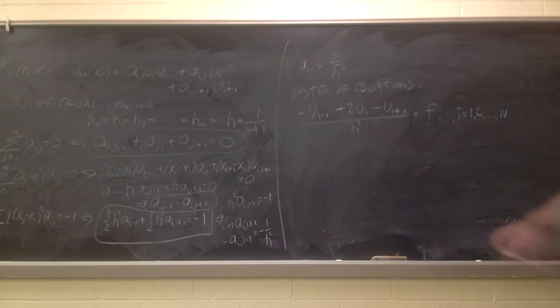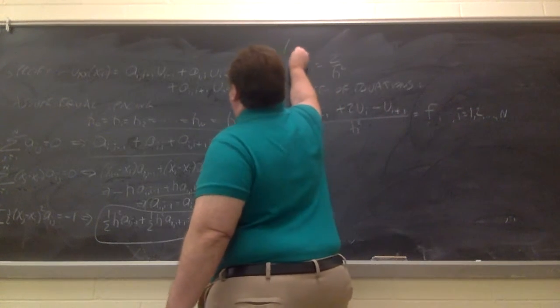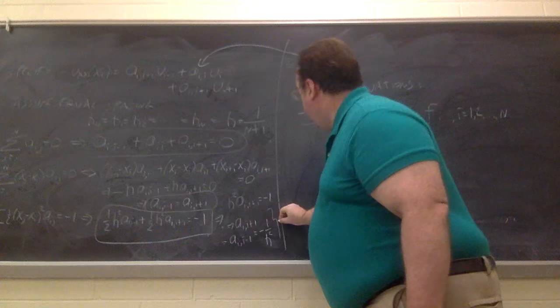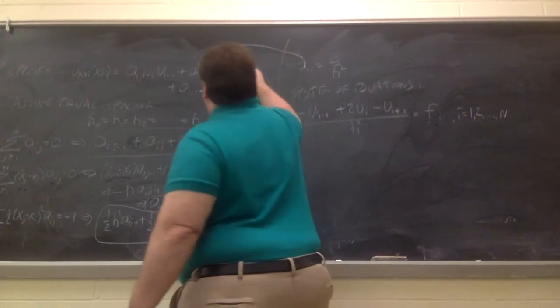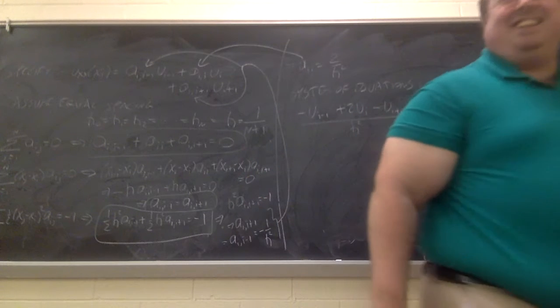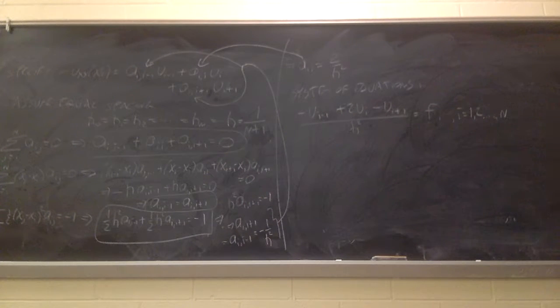So this got substituted in here. I just plugged them in there, and that's my minus uxx part. And I set it equal to f.